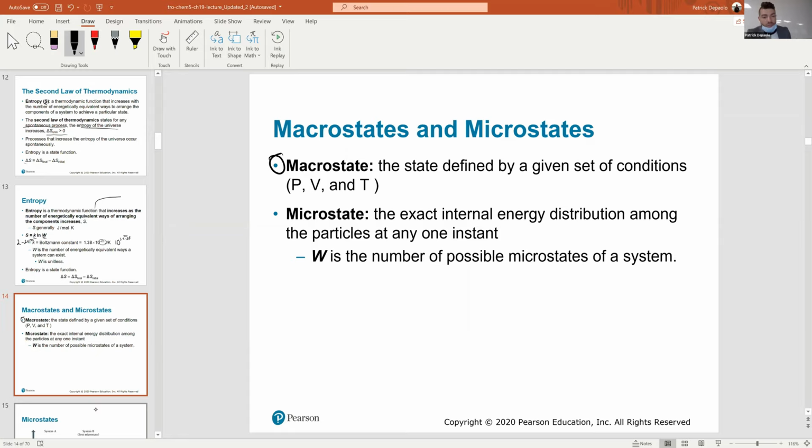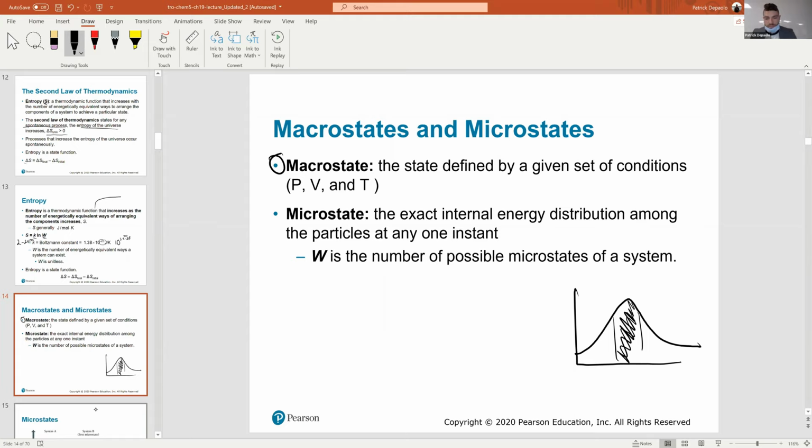I'm one microstate, that water molecule's speed is another microstate, and the one that's bumping against the side of the container is another microstate. And you can imagine with gases, it gets crazy. If you remember the distribution of kinetic energy or velocity of gases, it normally looks like this, almost a normal distribution, a Gaussian curve.